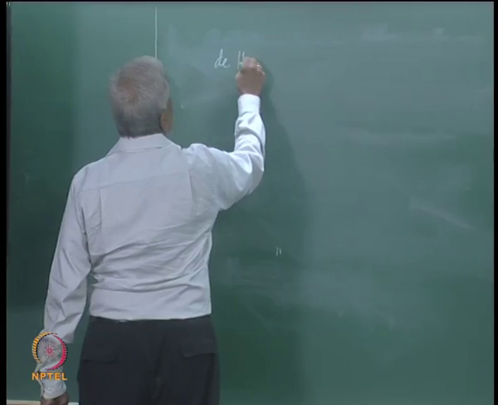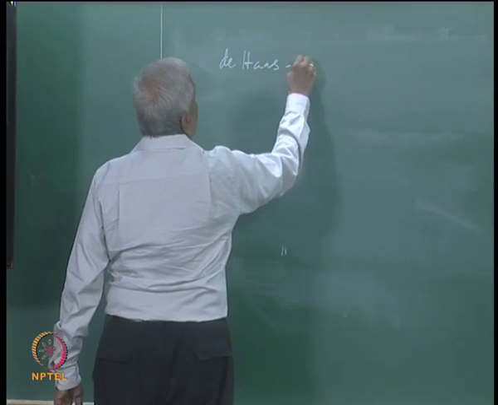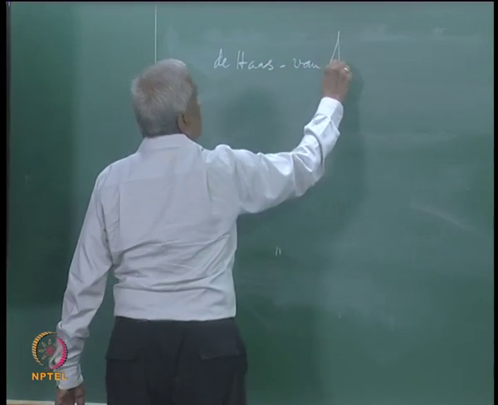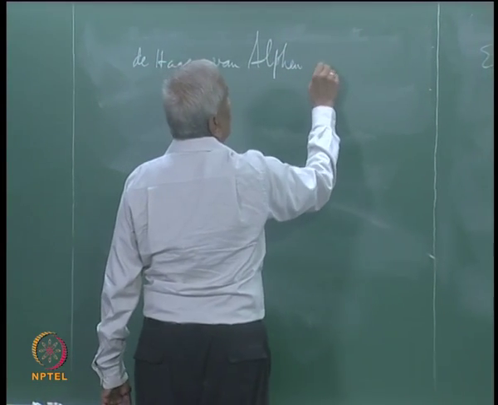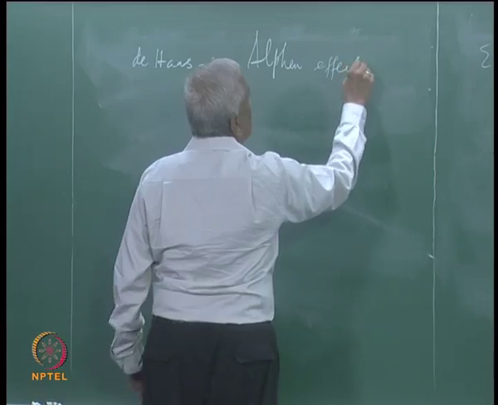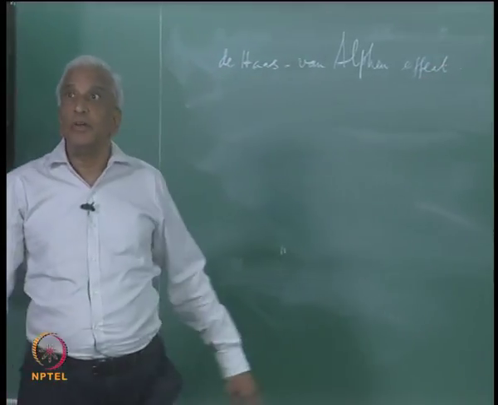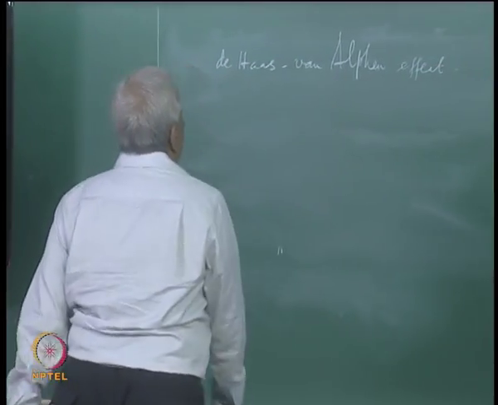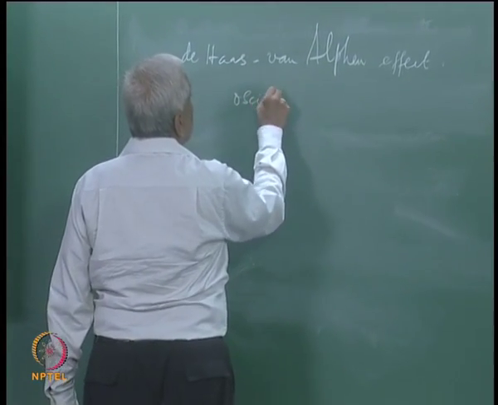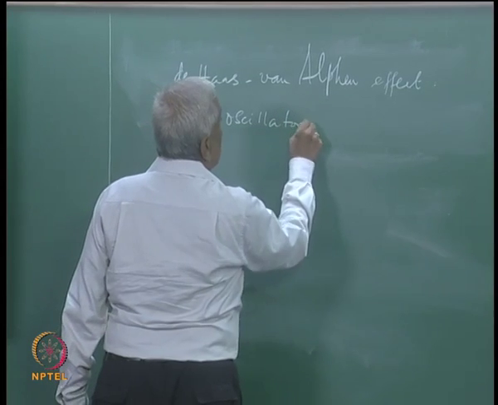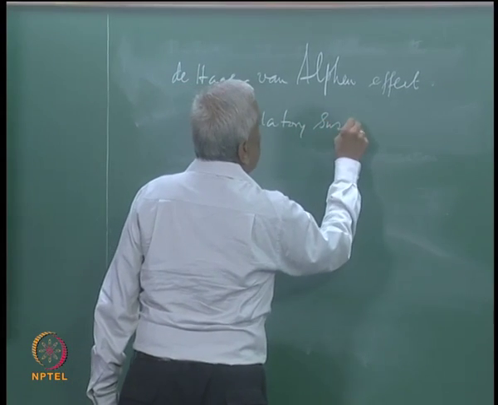de Haas Van Alphen oscillations. This is an effect which was discovered by de Haas and Van Alphen, so it has been named after them. So, the effect is that of an oscillatory susceptibility.